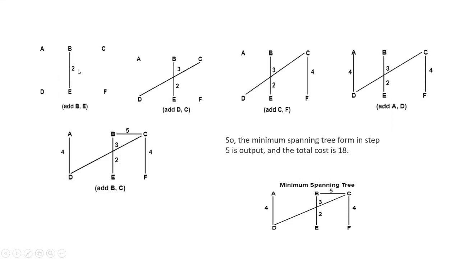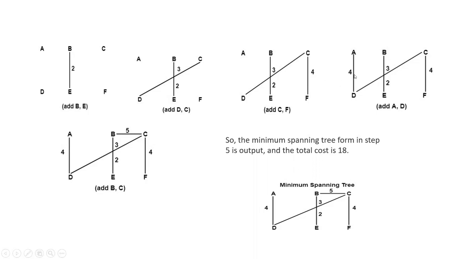First we add the minimum weight 2, that is B to E. Next we add 3, that is B to C. Next we add 4, that is C to F. Next we add again 4, A to D. You can add either C to F or A to D first, because both edges have the same weight.